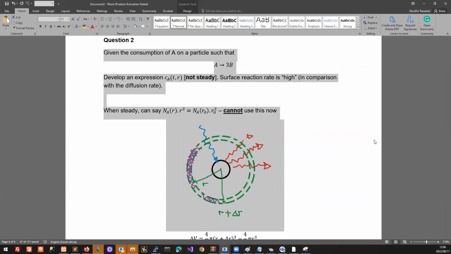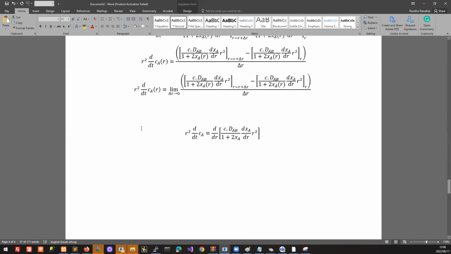So work through that. Be sure that you can derive these statements of difference relationships, right? The differences in the r direction, differences in the time direction. So how do you relate all of those things? You couldn't have just sat down and said, oh, the concentration is related to the change in the radial position in this way. It's not obvious that this is true.